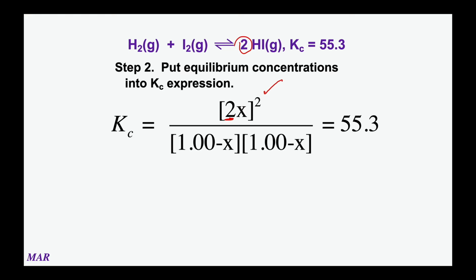That's kind of cool. And then in the denominator, we'll have the H2 and the I2, and both of them are 1 minus x. So it's like 1 minus x times 1 minus x. You can imagine we can abbreviate that as 1 minus x quantity squared, which is kind of cool. And believe it or not, at this point, one equation, one unknown, x. And if we can solve for x, we've got this.